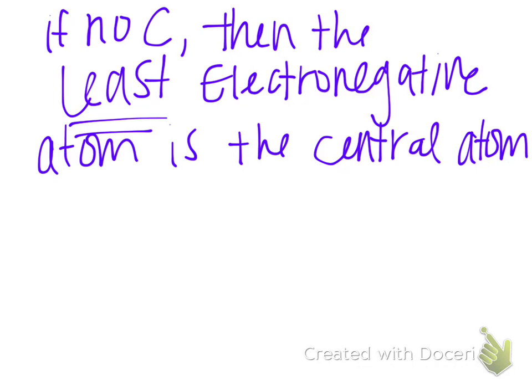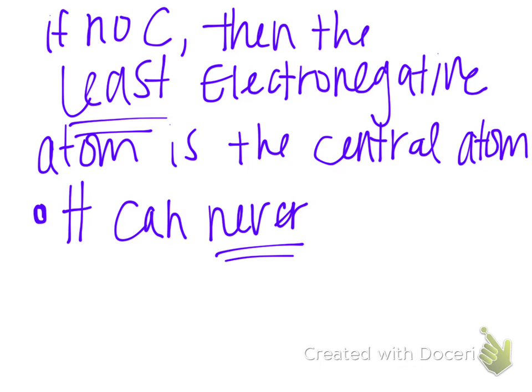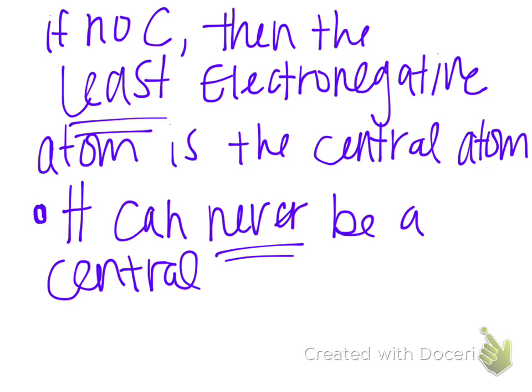Last rule for the skeleton is that hydrogen can never be a central atom. How many valence electrons does hydrogen have? 1. That means it can only bond to one thing. So how can it be a central atom if it can only bond to one thing?